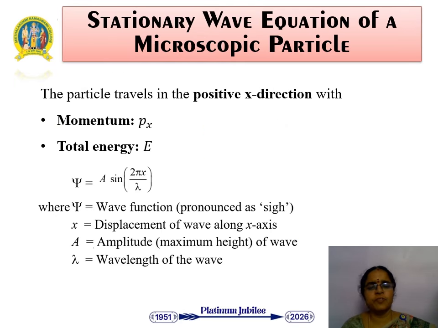Consider a stationary wave associated with the electron. That electron is traveling in the positive direction of the x-axis.